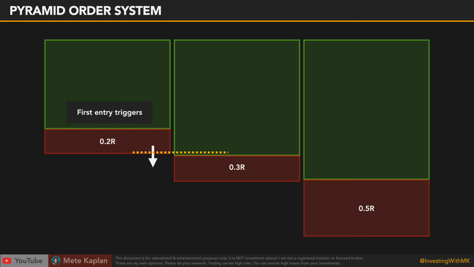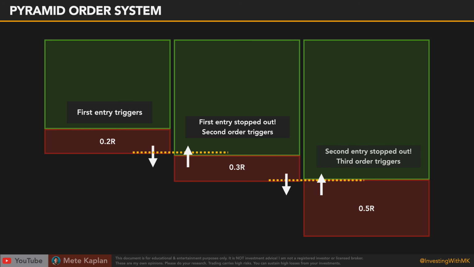Worst case, you'll be stopped out and your second order will be triggered. Best case is this: your second order will cover the loss of 0.2R from the first order and move to profit. Worst case is you'll be stopped and your third order triggers. It will continue like this, depending on the number of orders you have.